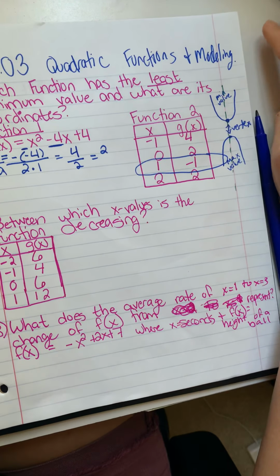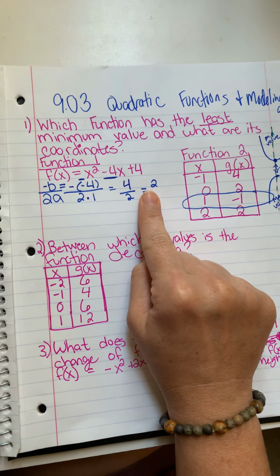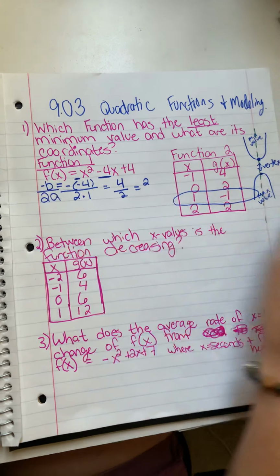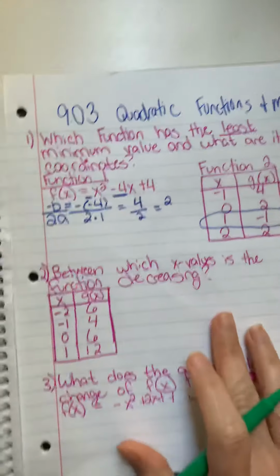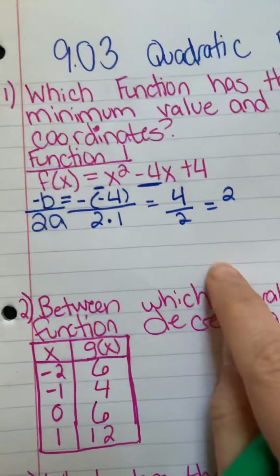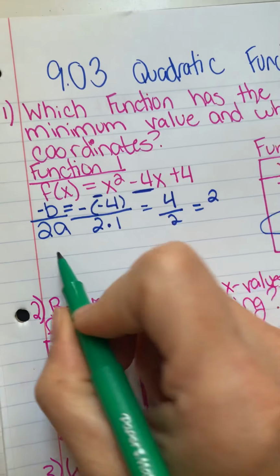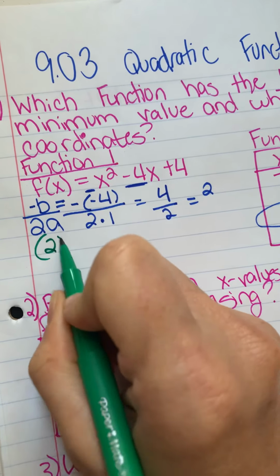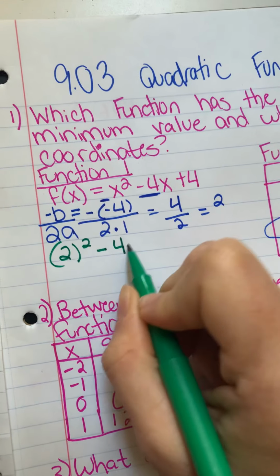So what I need to do now is take this, x equals 2, and plug it back into this function to see what the y value would be at my vertex. All right, so x is 2. I'm going to take this equation and rewrite it with the 2 in place of all the x's.